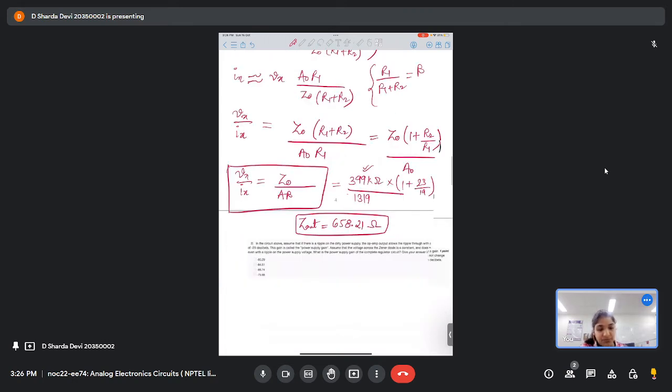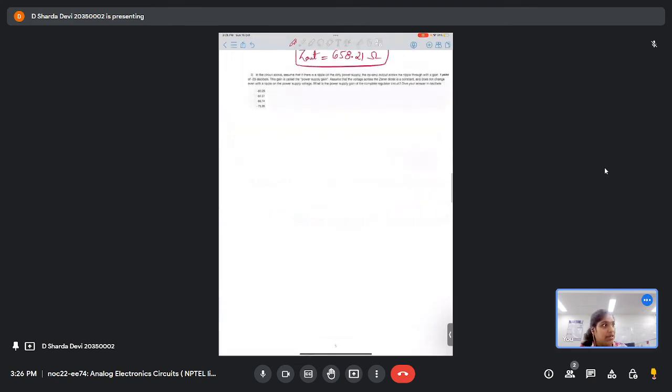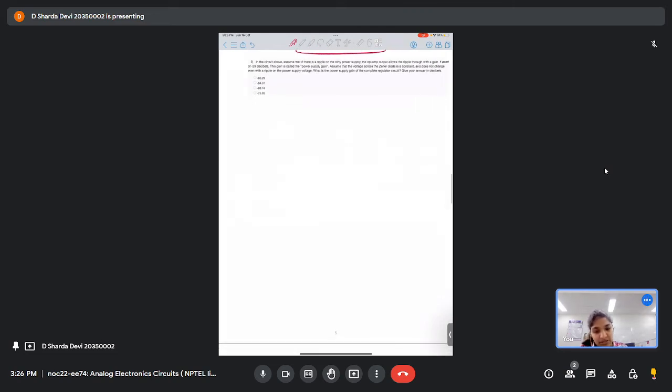Now moving on to the next question. In this question, it says that in the circuit, assume that there is a ripple on the dirty power supply, and the op-amp output allows the ripple through with a gain of minus 29 dB. This gain is known as power supply gain. As you might remember from the lecture, sir was talking about the gain P, which was the power supply gain.